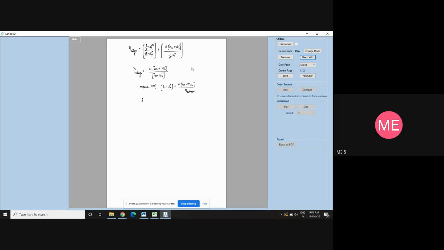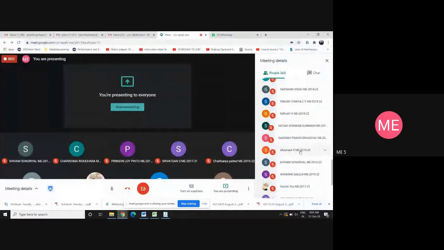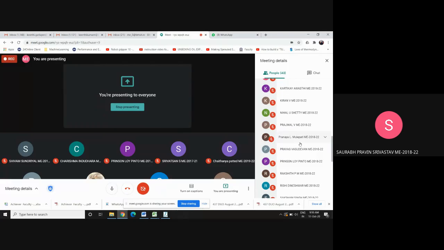The delta H, H1 minus H2 dash, I can find out like this, provided the pressures are not given. If the pressures are given, I can directly get it from the steam table. So can anyone tell? I'll call the names: Saurabh, Srivatsav, Saurabh, Pranav, Praveen. Are you there? Yes, sir.